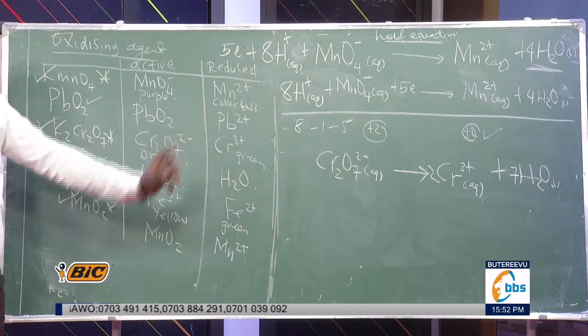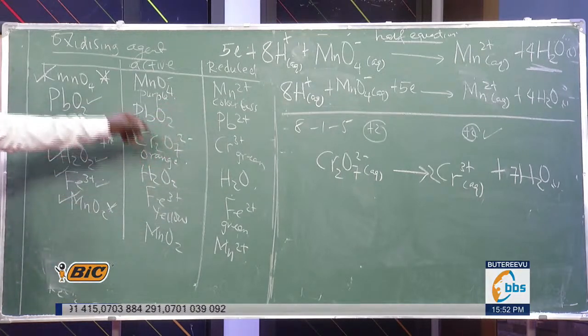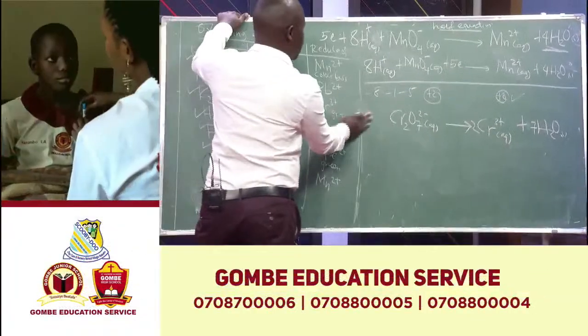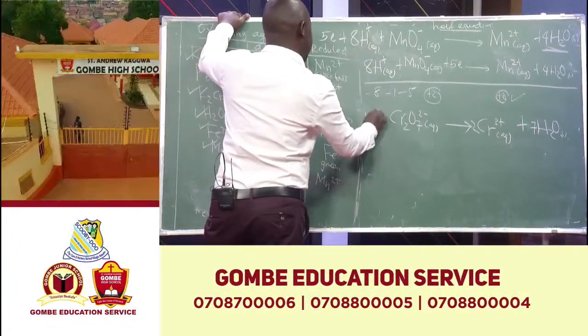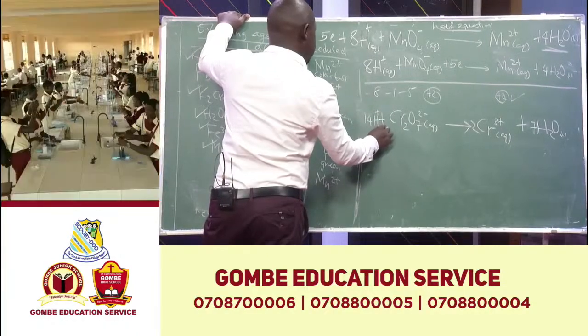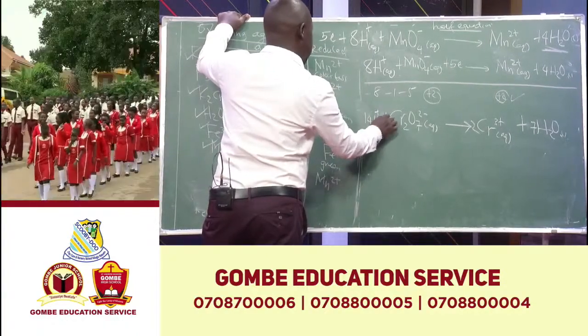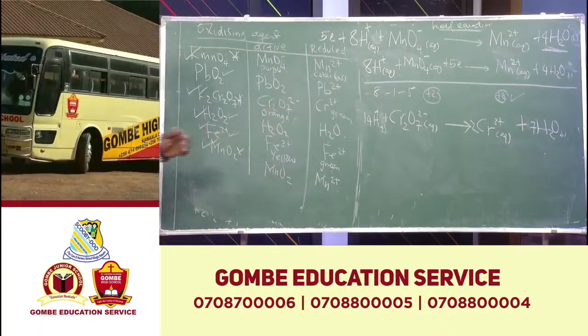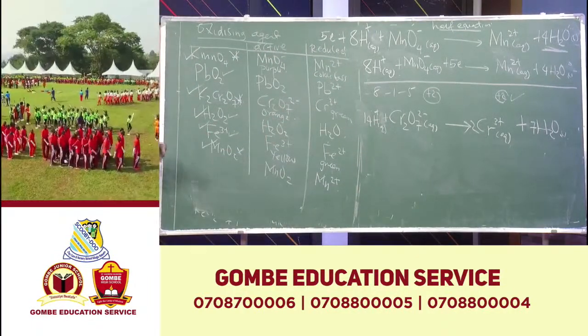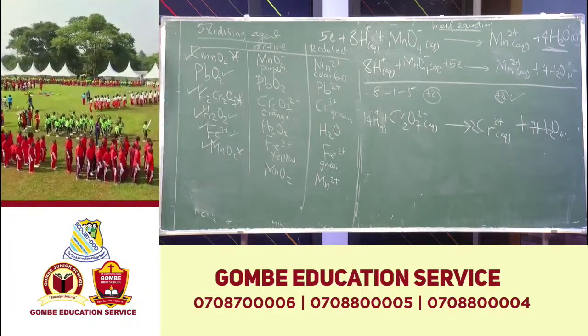They are now 14. Here you have nothing. So you say plus 14 H positive aqueous. Then after that, atoms are balanced.